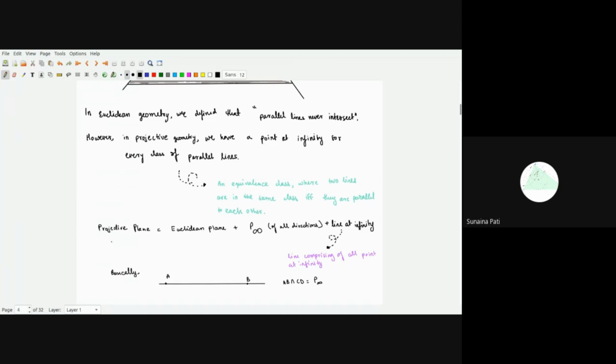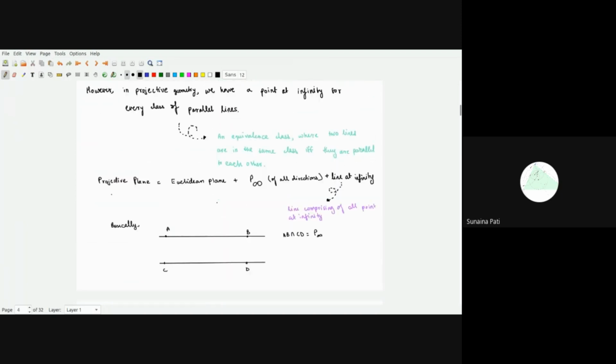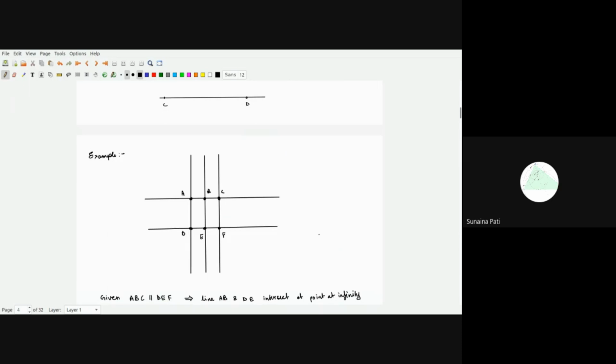Hopefully. Okay. So basically, if you have two parallel lines AB and CD, AB intersection CD is the point at infinity. This is the point at infinity, P subscript infinity symbol. Another example is you have AD parallel to BE parallel to CF, and you have ABC parallel to line DEF.